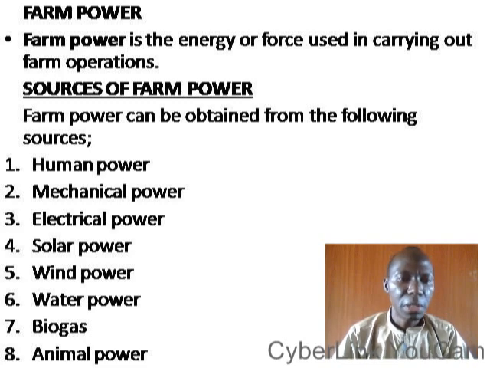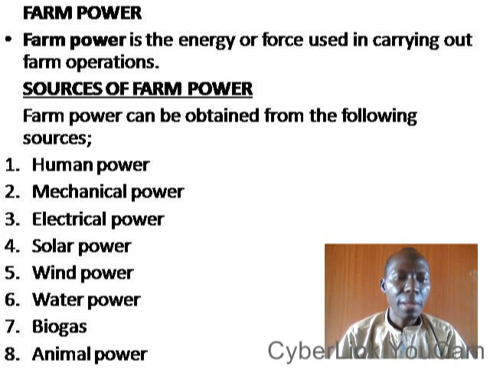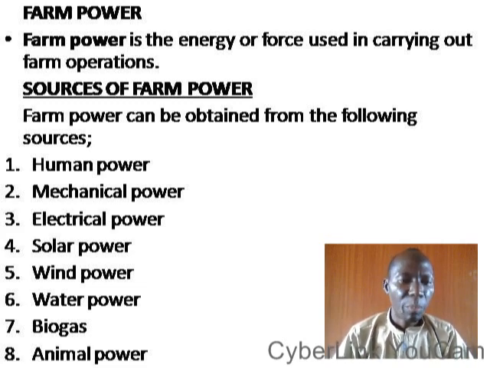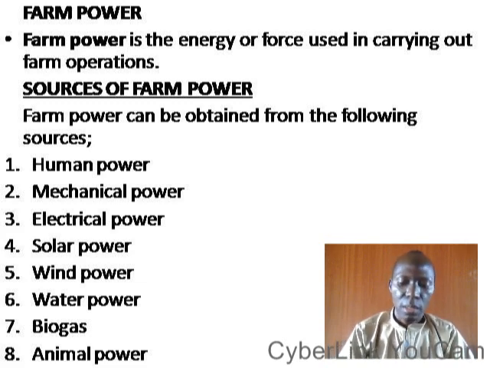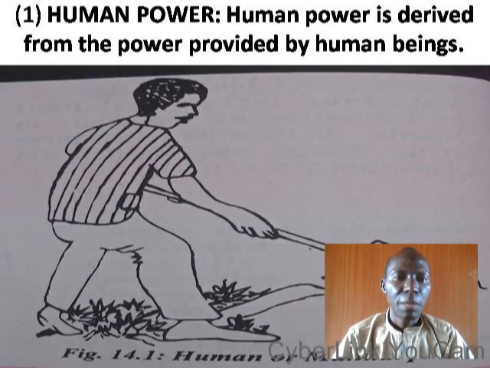The following are sources of farm power: human power, mechanical power, electrical power, solar power, wind power, water power, biogas, and animal power. Let us look at them one after the other.